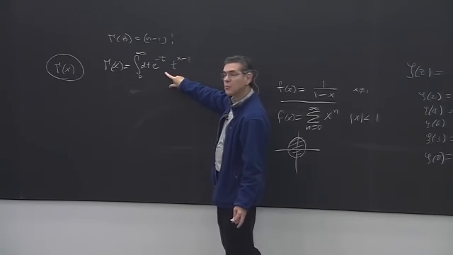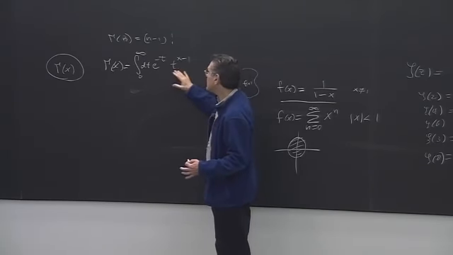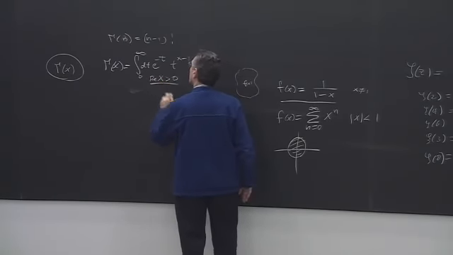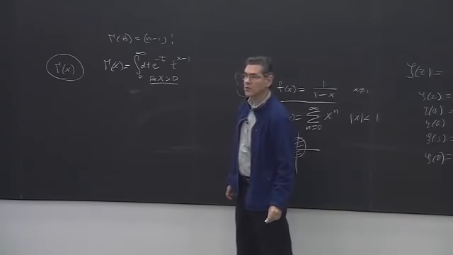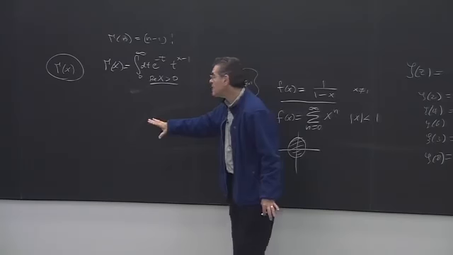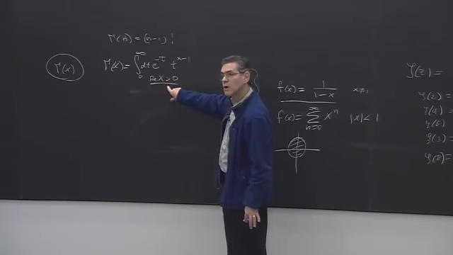But this way has the problem that it only exists for the real part of x greater than 0. Otherwise, this integral diverges. That doesn't mean the function doesn't exist. It just means that this representation is not valid unless you are in this region.